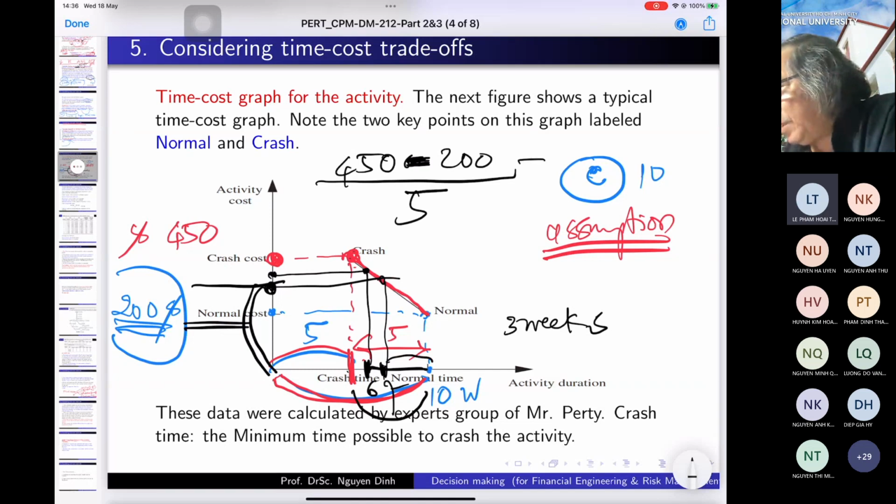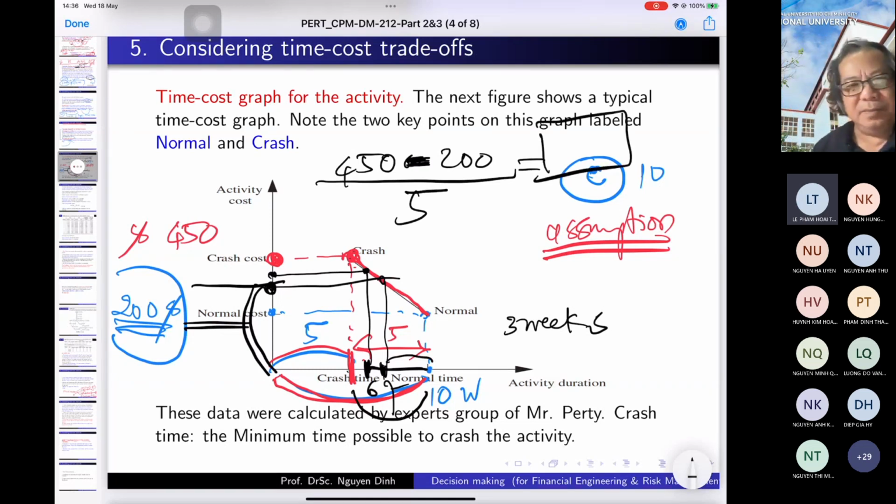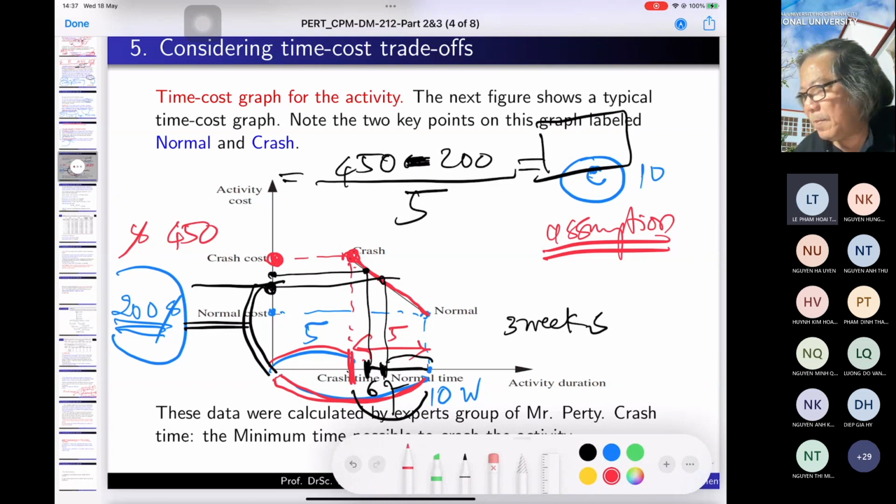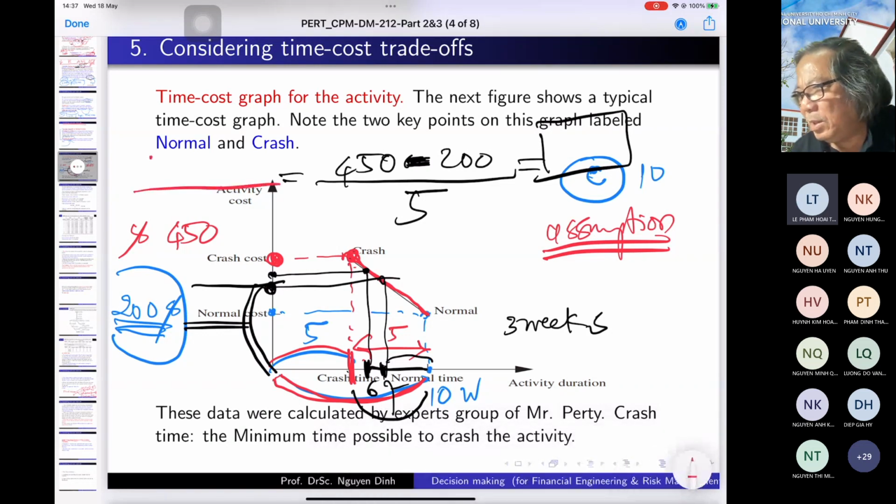So 1 week is this. That is the assumption. We assume the crash cost is linear. So we calculate for the reduction of 5 weeks. The cost for 5 weeks is 250. And this is the cost for reduction of 5 weeks. So 1 week is just divided by 5. That is the linear. Okay.